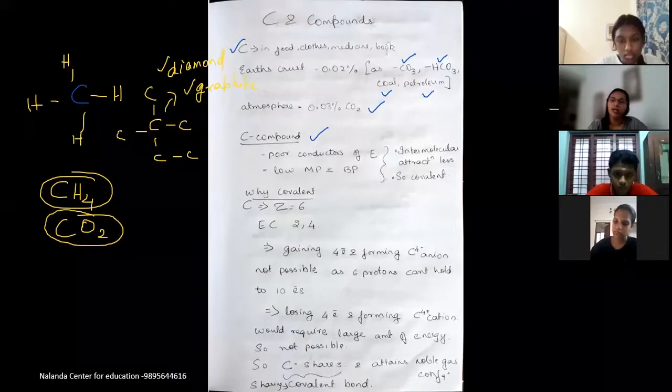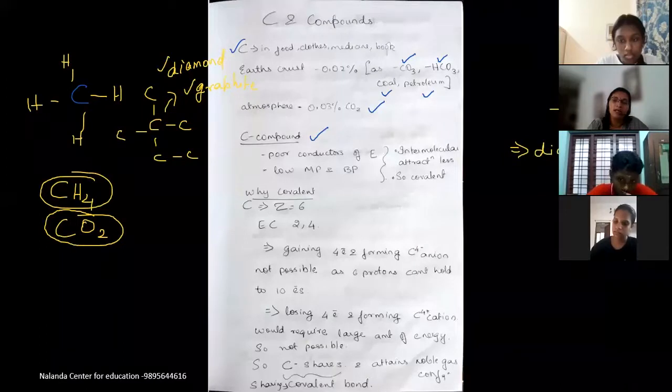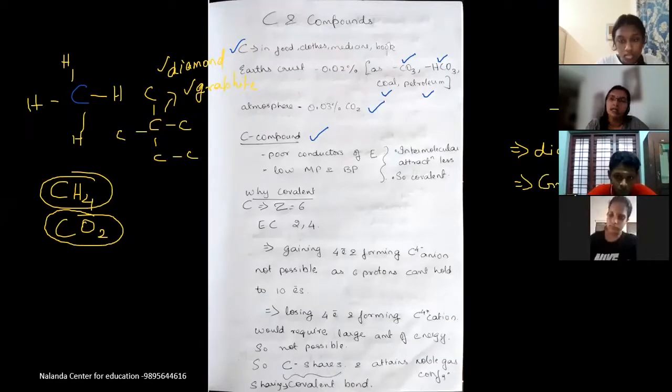There are many allotropes of carbon. Examples of allotropes of carbon are diamond and graphite. As far as diamond is concerned, diamond does not conduct electricity. Graphite conducts electricity.